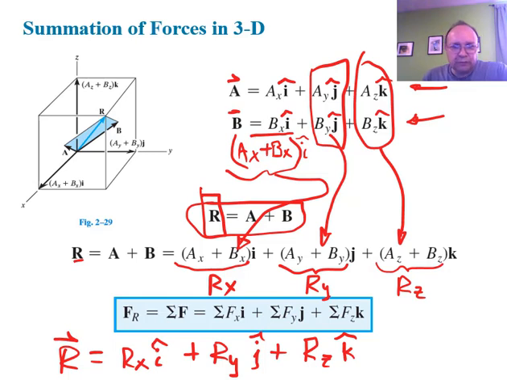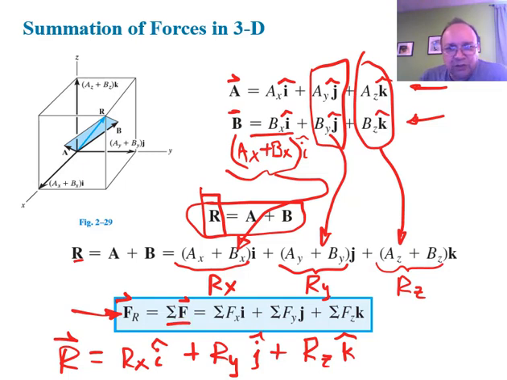where, if this were a force, this will look better like this. The resultant force equals the summation of all the forces, the summation of all the vectors or the forces that you are dealing with here.